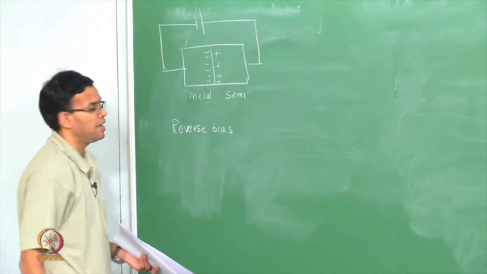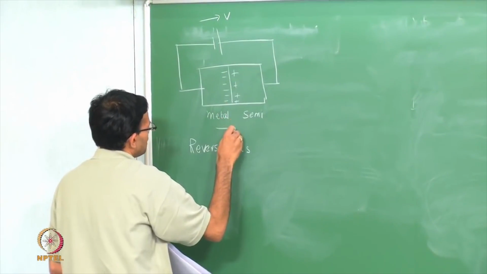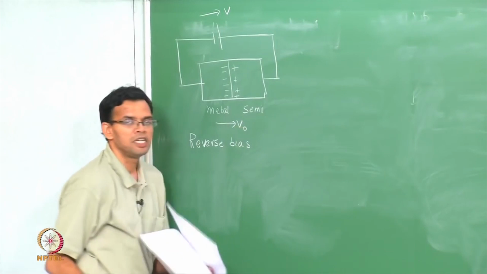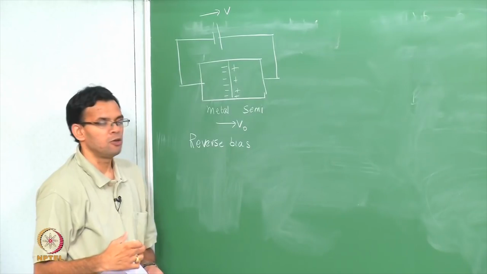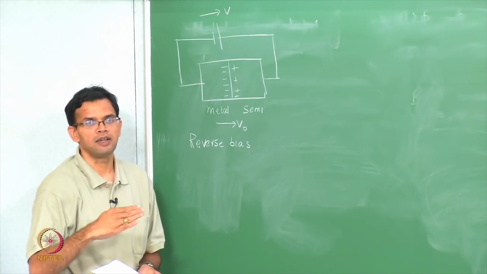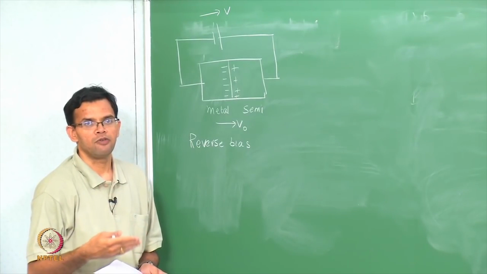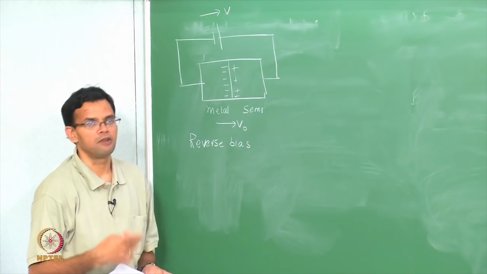In this particular case, the external potential V is in the same direction as the contact potential, which means the overall barrier goes up. So, in forward bias, we showed that the Fermi level of the semiconductor will go up. In the case of a reverse bias, the Fermi level of the semiconductor will go down.